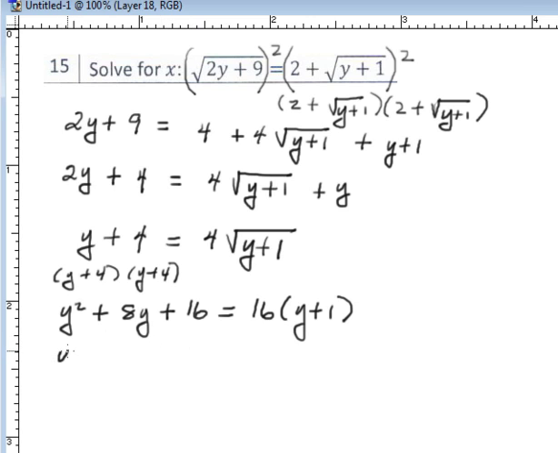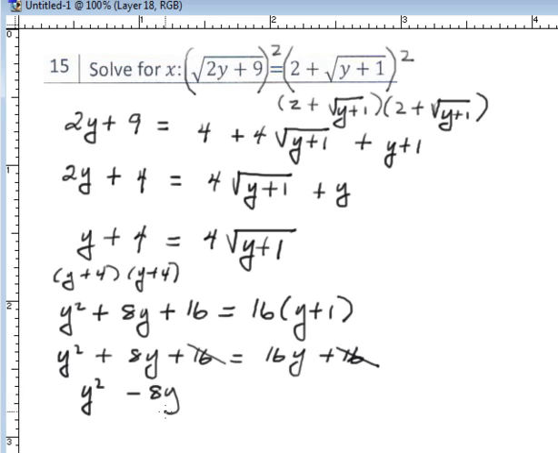All right, let's simplify that. y squared plus 8y plus 16 equal to 16y plus 16. So first of all, subtract 16 from both sides. And now set equal to 0 and factor, subtract 16y from both sides. So we get y squared minus 16y will give us a minus 8y here, equal to 0.